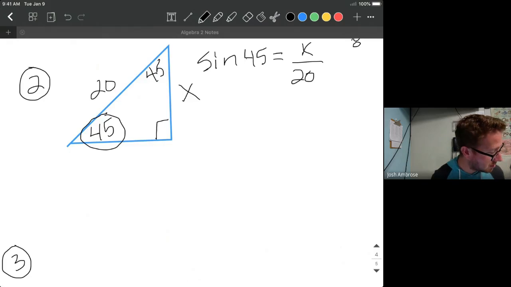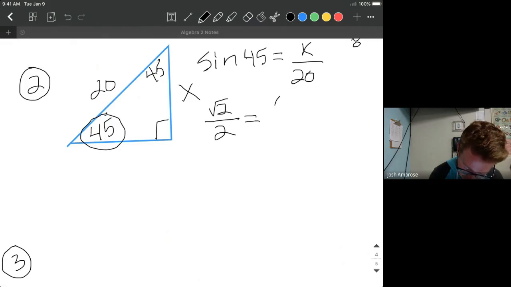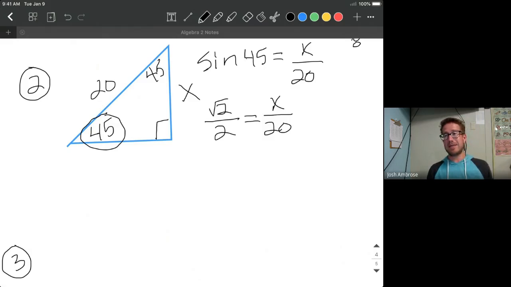But what is the sine of 45? Take a look at the chart. The sine of 45 is radical 2 divided by 2. So we have radical 2 divided by 2 equals x over 20. So we need to isolate x. We need to get rid of the 20. That's just simple: multiply by the denominator to get rid of the 20.